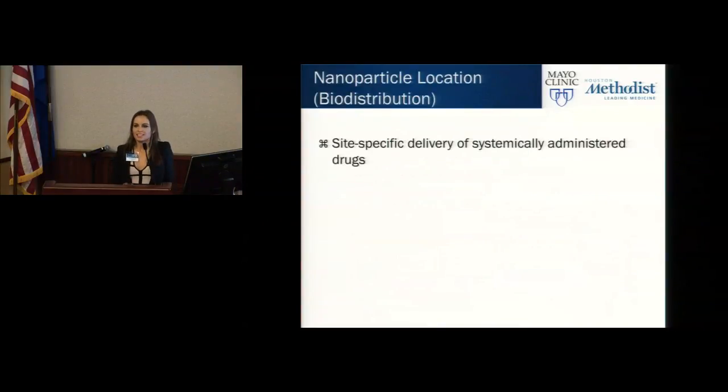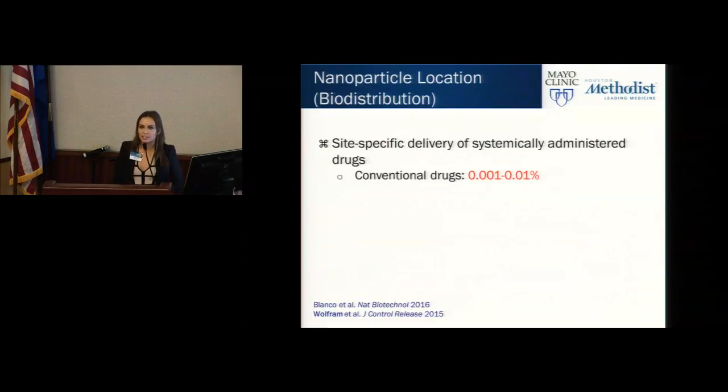So when we talk about site-specific delivery of systemically administered drugs, so that's either taken orally or injected intravenously, we know that for conventional drugs, only 0.001 to 0.01% of the drug will reach the intended location. So these values are very scary, especially if it's the first time you see them.